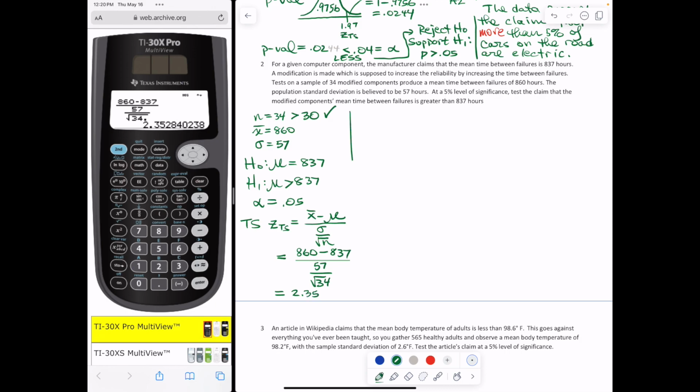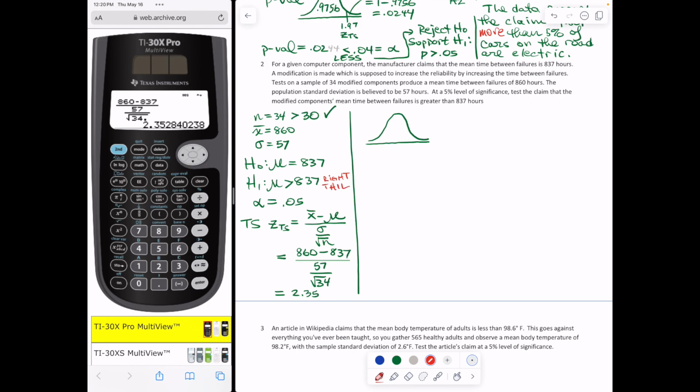Okay. We could get a critical value now. Okay, so this is a z-statistic again. And 0.05, it's a right tail test. I'll go ahead and make that note here. This is a right tail test.